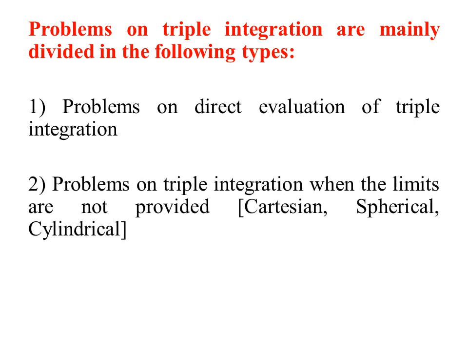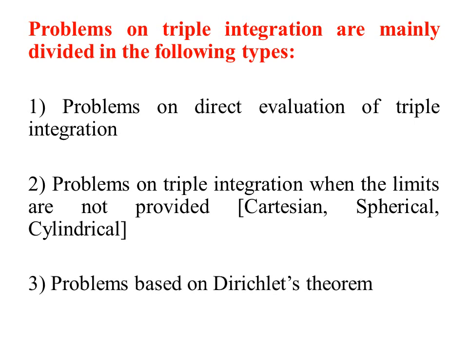Second, problems on triple integration where the limits are not provided, but with the help of Cartesian coordinates, spherical polar coordinates and cylindrical polar coordinates, we can identify limits for triple integration over the given volume, and hence we can evaluate it.